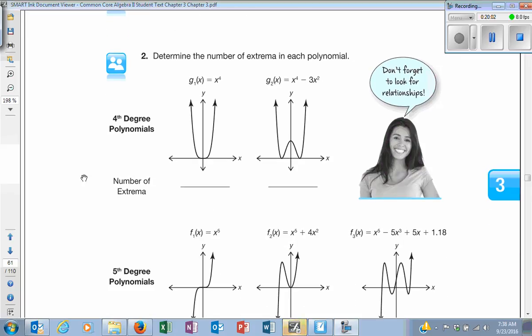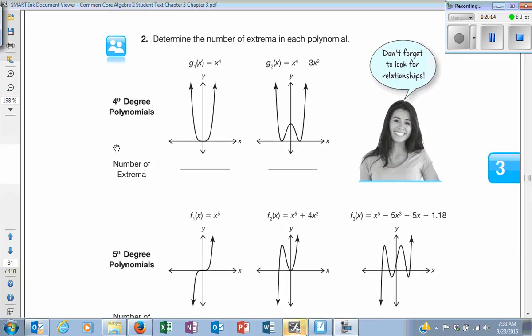Do we realize that this is a fourth degree, which we call a quartic? How many extrema does this one have? Remember, extrema are relative or absolute maximums or minimums.